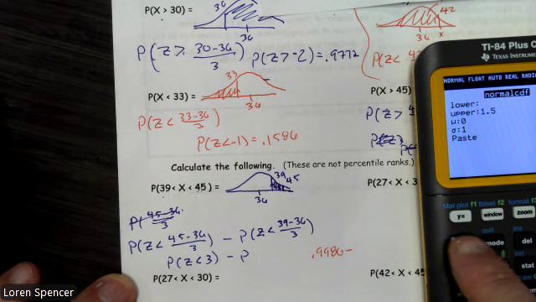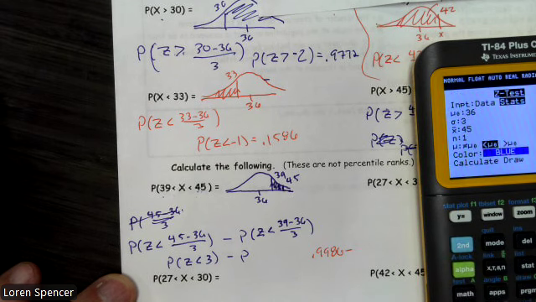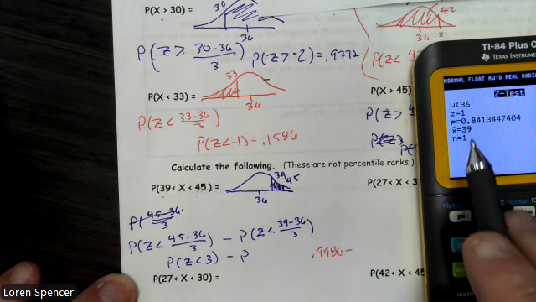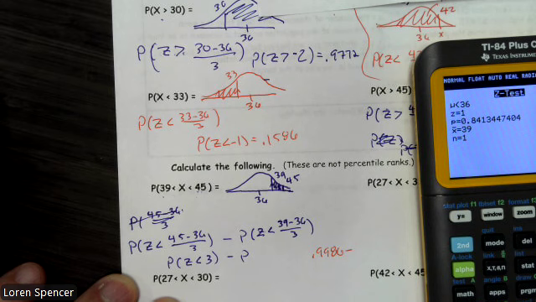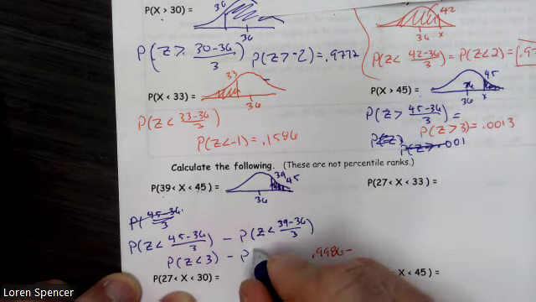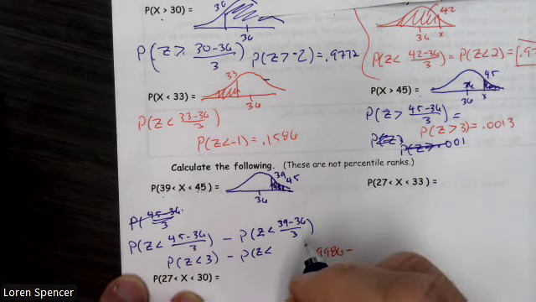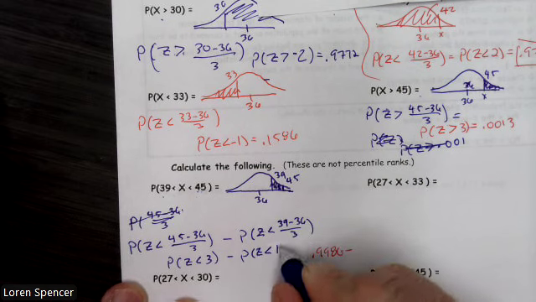Stat test, z-test. This is at 39. And the probability z is less than 1 is 0.8413. The probability minus the probability of z is less than 1.